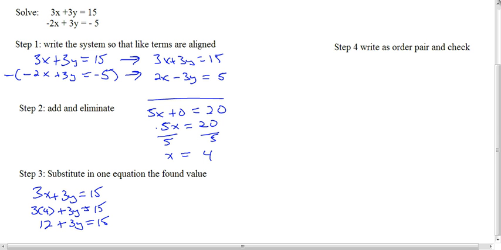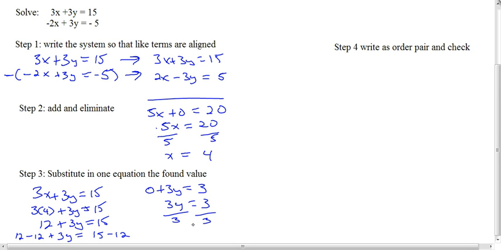We're going to subtract 12 from both sides, so 12 minus 12 plus 3y is equal to 15 minus 12. That's 0 plus 3y is equal to 3, so 3y is equal to 3.